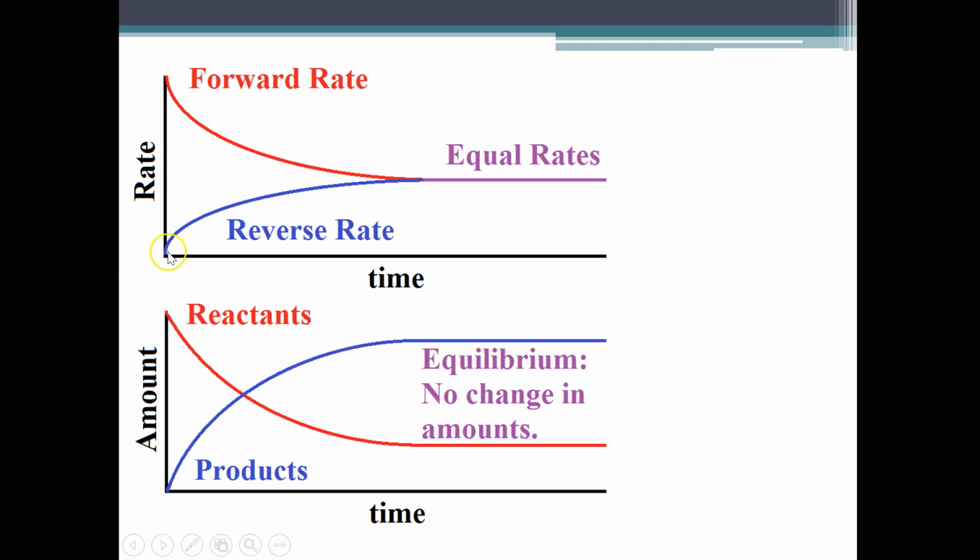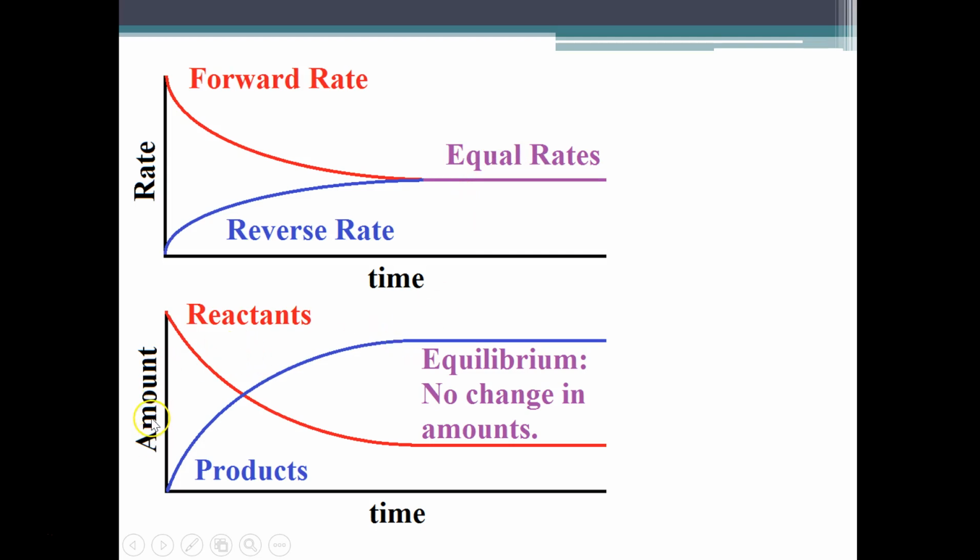At the same time, the rate of the reverse reaction is increasing as product particles are produced, because once they're produced, they are able to collide into each other and react to form reactants. Both reaction rates will continue to change until they steady out and become equal. Equilibrium is established when the rate of the forward and reverse reactions are equal to each other.